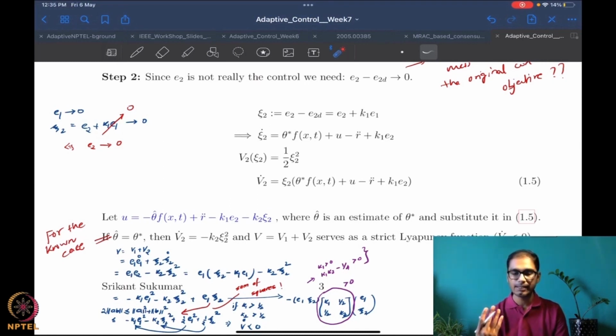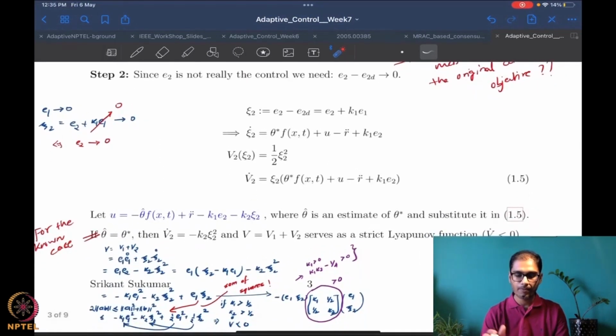We also noticed that in the Lyapunov candidate that we had come up with, the V2 piece was in fact exactly the Ortega construction, and the V1 piece was additional. This additional piece in fact helps us to make the Ortega function a Lyapunov candidate function.